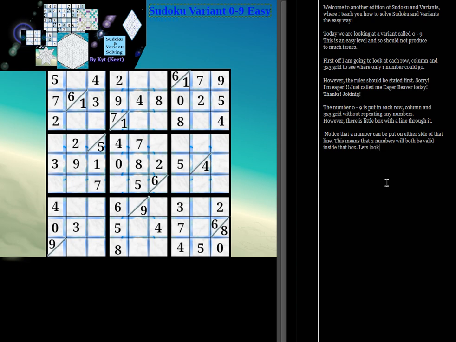Let's look at row 2. Counting from 0, I see 0, 1, 2, 3, 4, 5, 6, 7, 8, and 9.